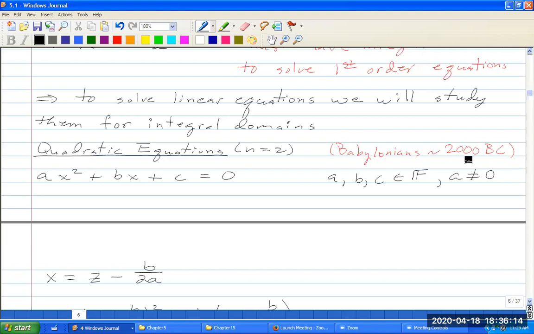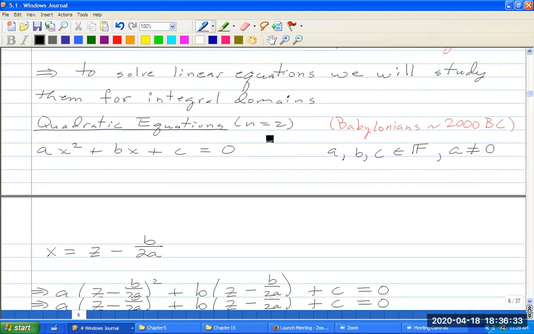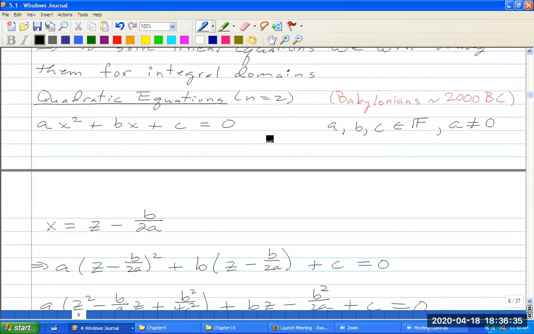So suppose I have ax squared plus bx plus c equaling 0. Let's look at them under a field, because I knew that here at least we had to, well, look at them at least under an integral domain. And we'll see that we'll have to extend this further.